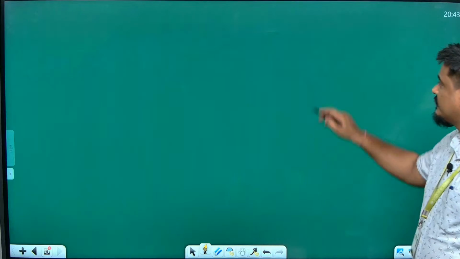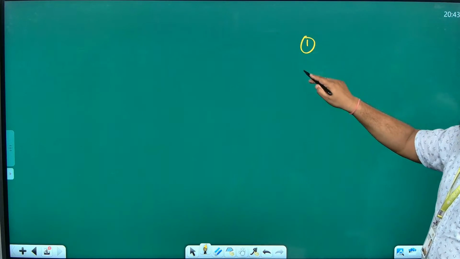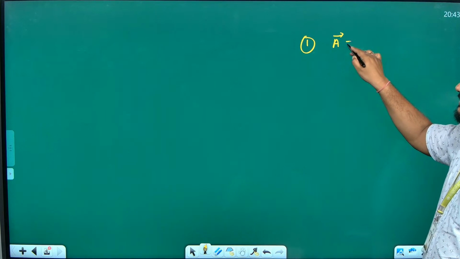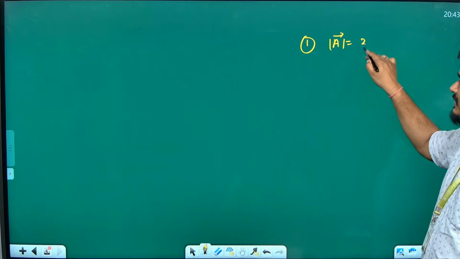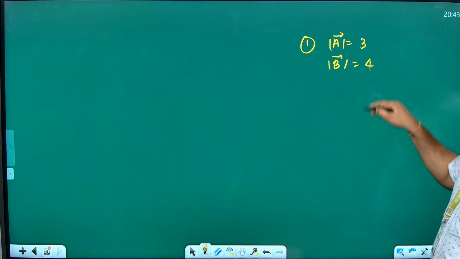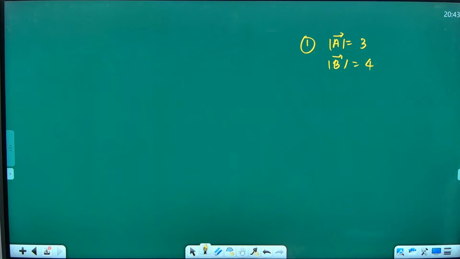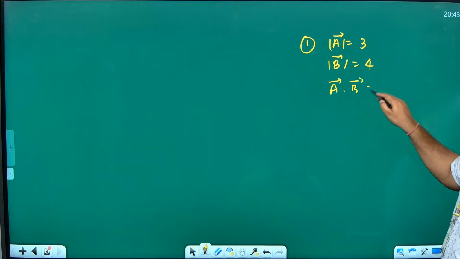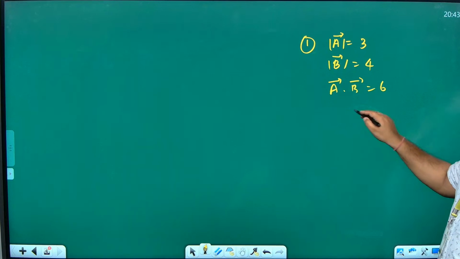The first question I gave is what? Magnitude of two vectors 3 and 4. Let me take A vector's magnitude as 3 and B vector's magnitude as 4. Scalar product is 6, so A vector dot B vector is 6. What is the angle between them?